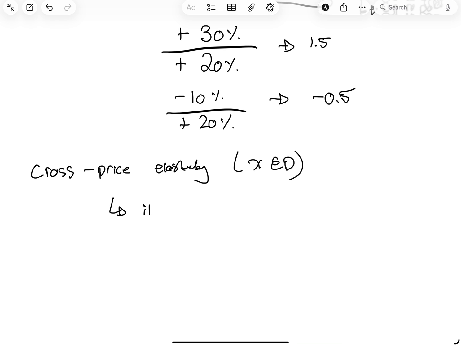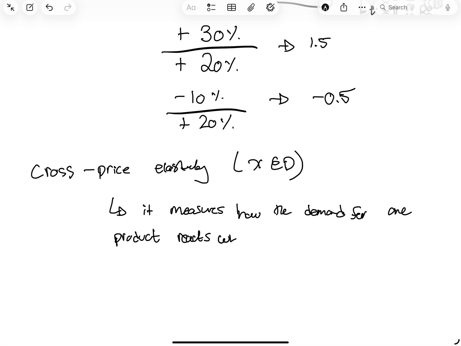It measures how the demand for one product reacts when the price of a related product changes.